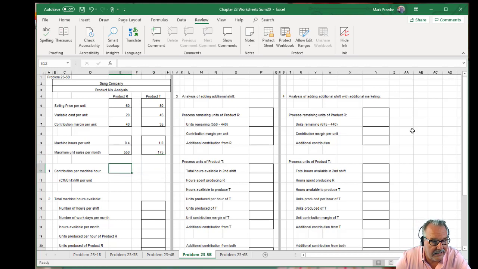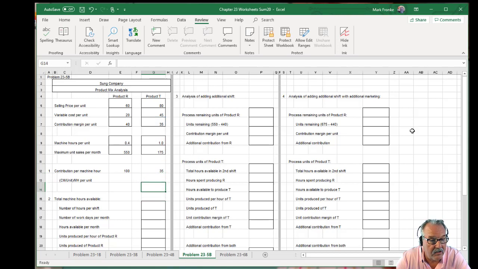So now I can calculate the contribution margin per machine hour by taking the contribution margin per unit and dividing it by the machine hours per unit. For product R, we are going to make contribution of $100, and for product T, we're going to make contribution of $35. Why?